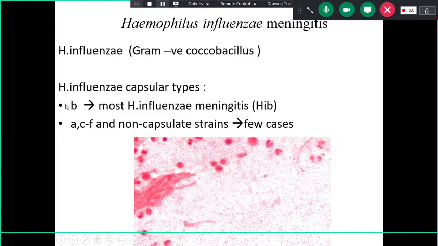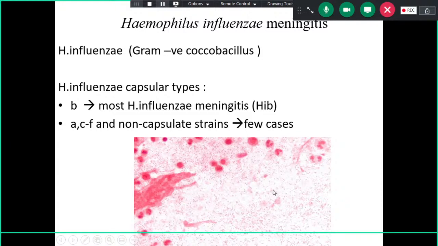Fortunately for India, the Hib conjugate vaccine is available, and although it is not part of the expanded immunization program, this vaccine is available now. This is how the organism gives a sand-grain appearance in the CSF.